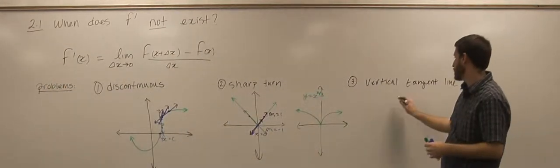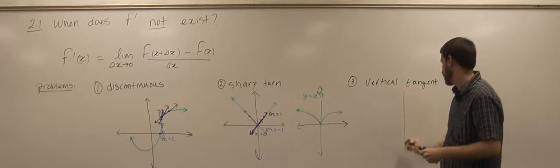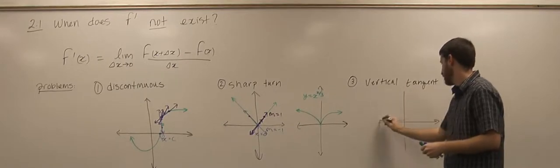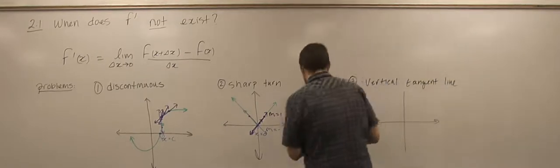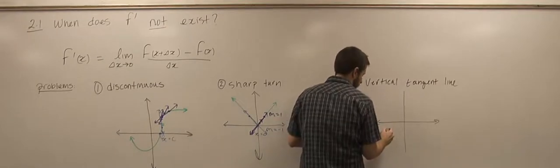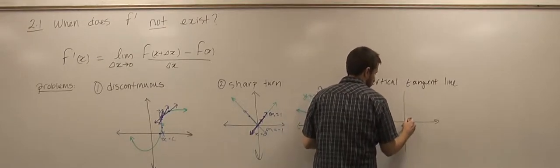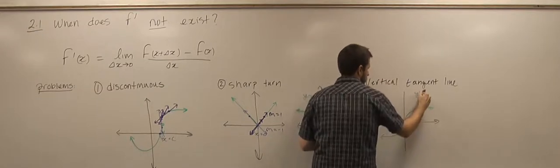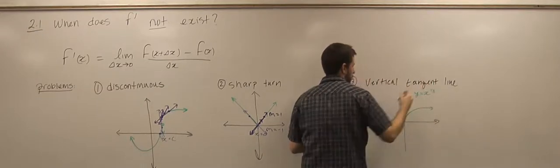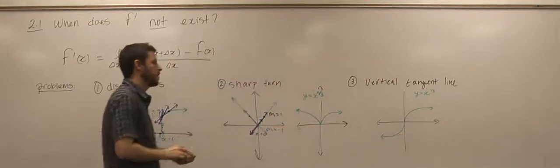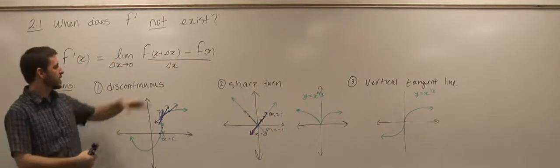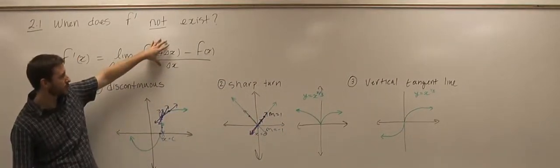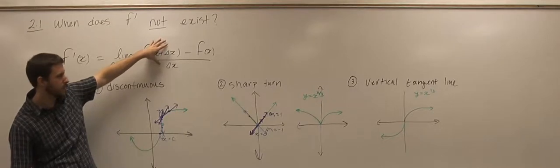A vertical tangent line is something like x to the 1/3. On a graph like this, your difference quotient is going to start going to infinity on both sides.